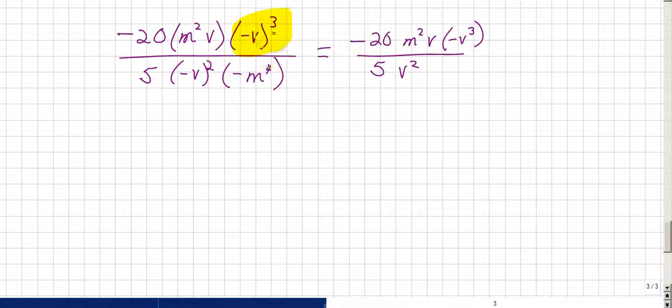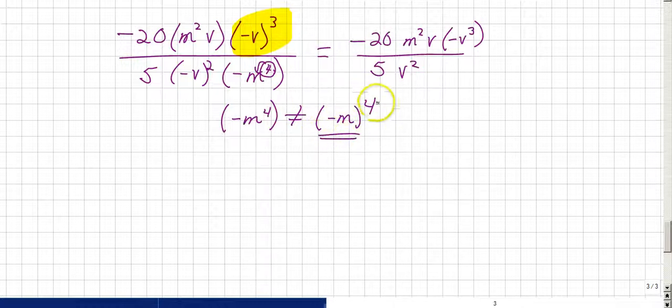Now, a little tricky again, the m, the 4 is on the m. The 4 does not apply to the negative sign. In other words, there's a difference between this not equal to this. Okay, on the right hand side, the 4 applies to the negative sign.